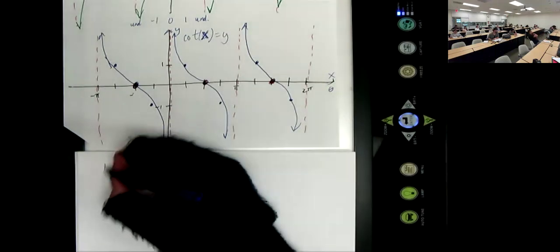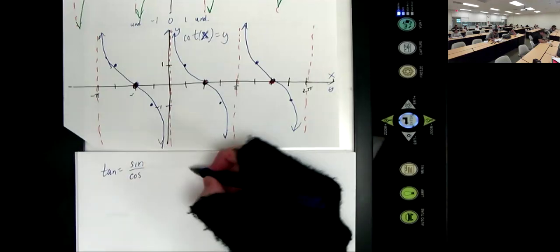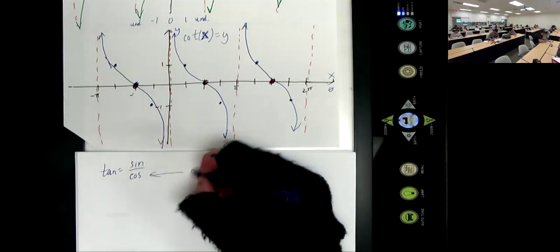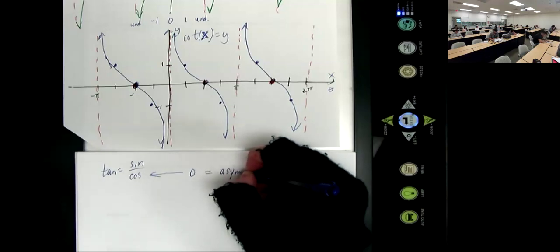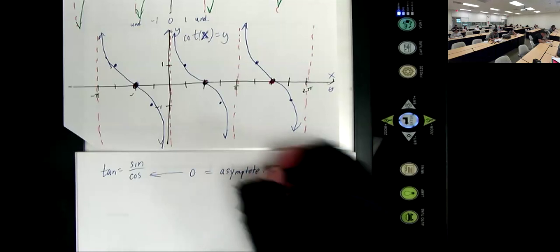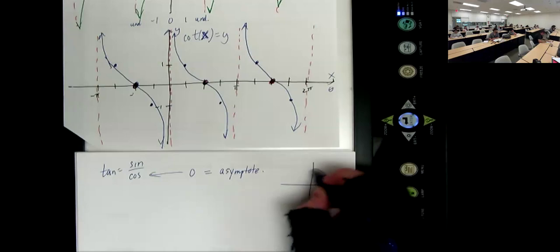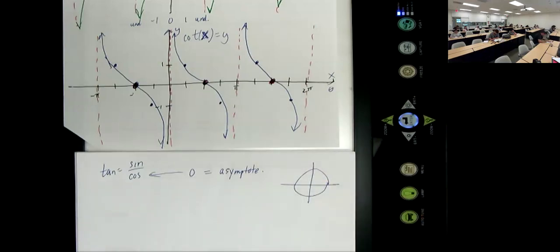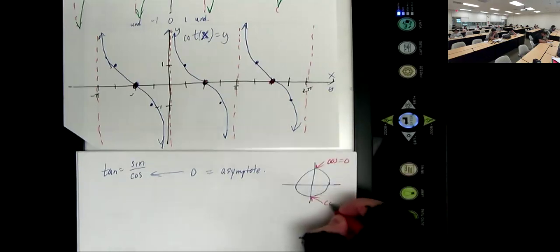But tangent is sine over cosine. When the bottom is 0, we have an asymptote. And cosine on our unit circle is 0 up here and down here.